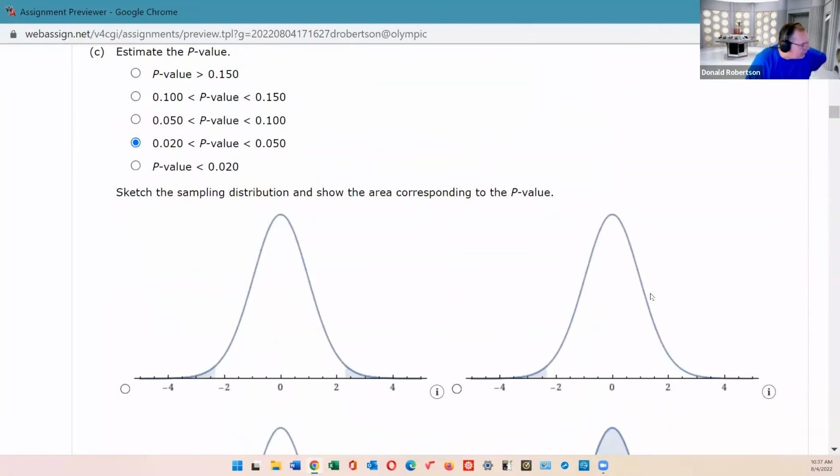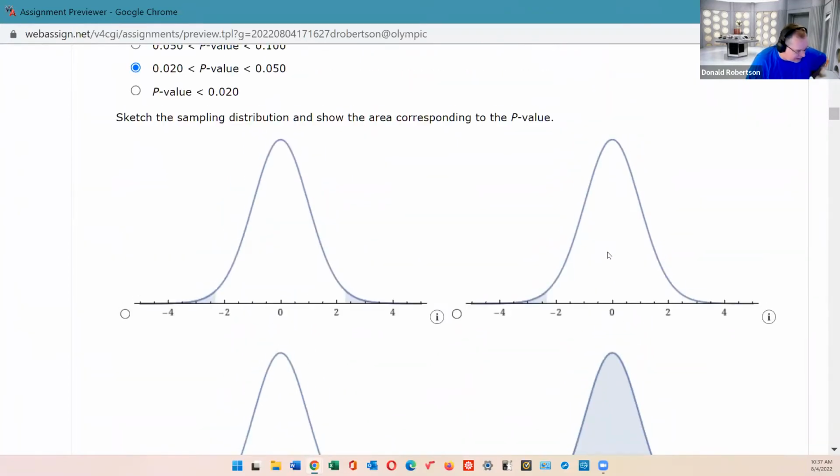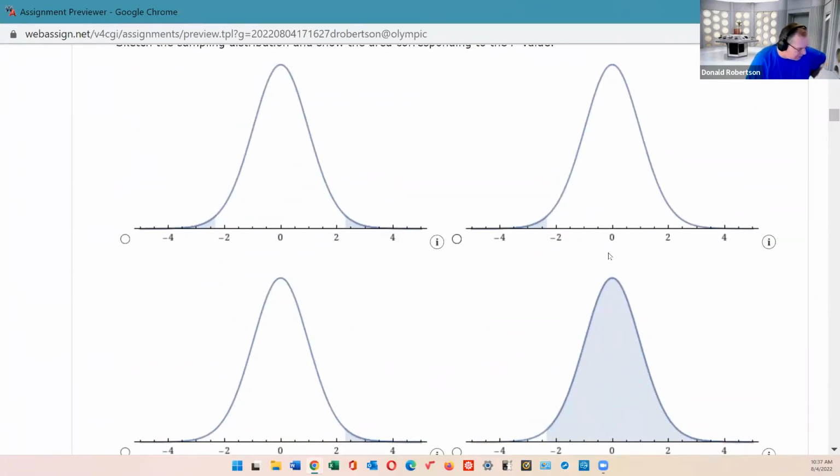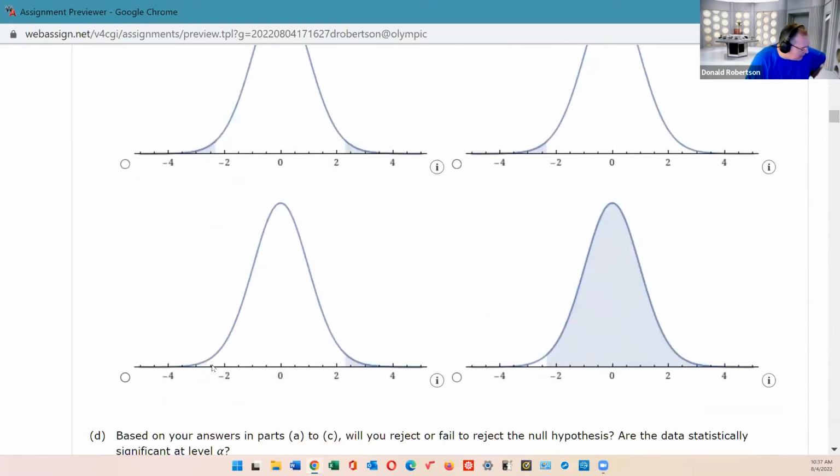Now, when they ask you to sketch it, these sketches are dead easy, because it depends on the story. If it's a two-tailed test, you see a bit of shading on both sides. If you're trying to prove it's less than, it's only shaded on the left. If you want to prove it's bigger than, it's shaded on the right.